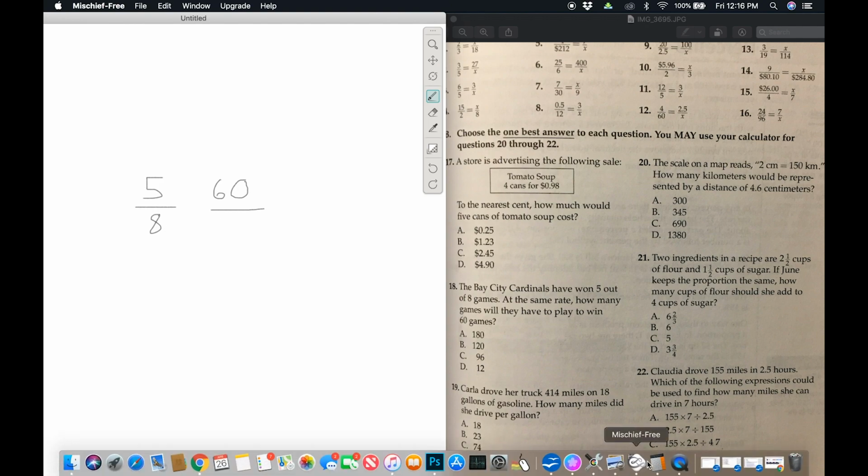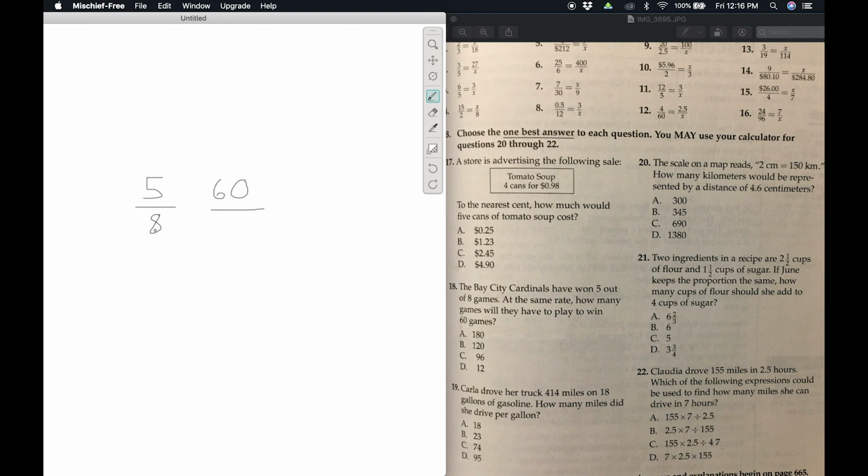8 times 60, you can do 6 times 8 is 48, then add a 0, so 480.